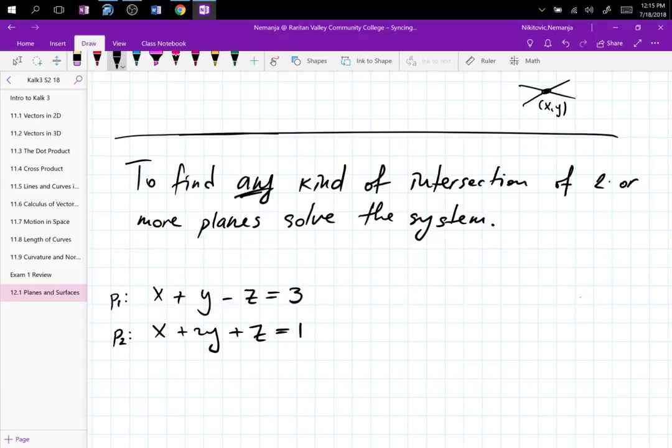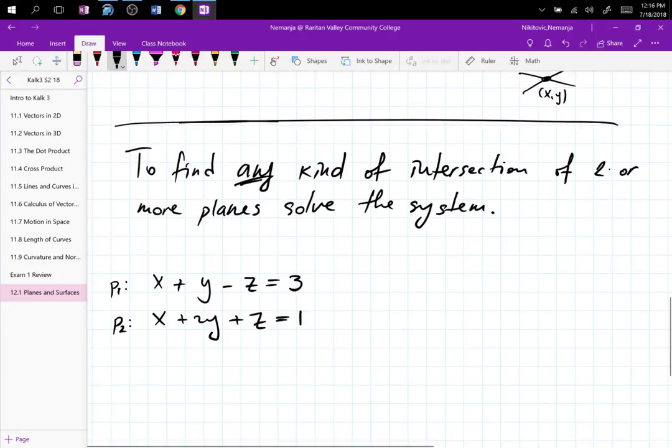Now you immediately see, okay, I'm intersecting two planes. They can't intersect at a point. I need a third plane at least, right? But these two planes are either going to be parallel or they're going to intersect at a line. Over there, that edge, I showed you the way in which you could have the line be the intersection. So now, if we are to solve this, we can add equations, and that's going to kill z.